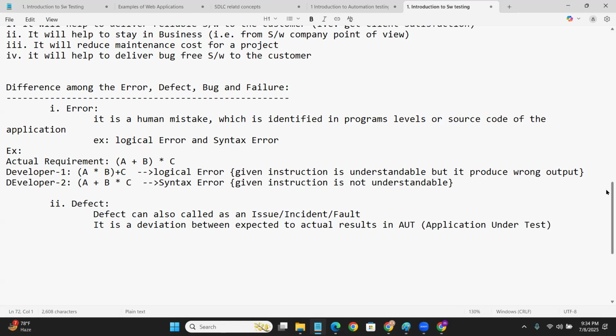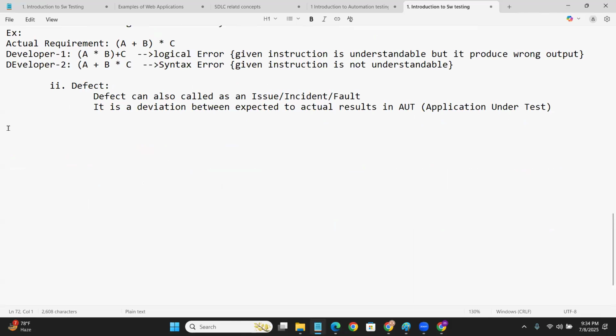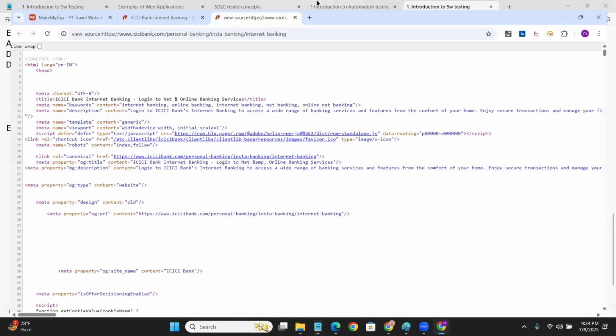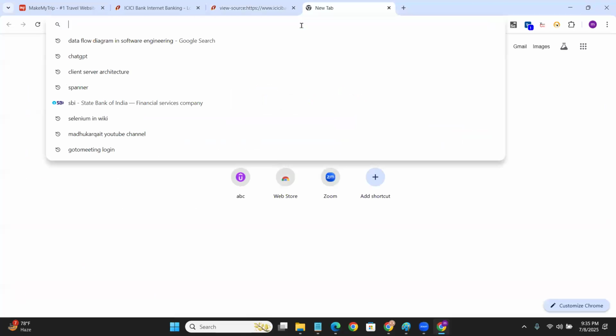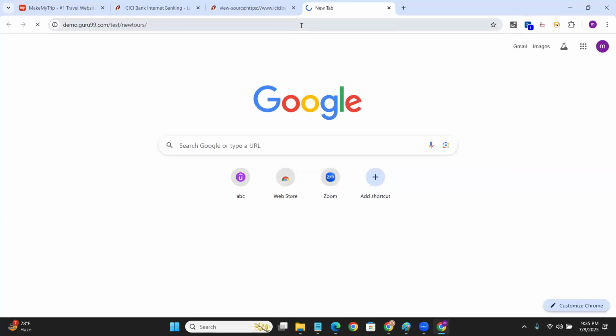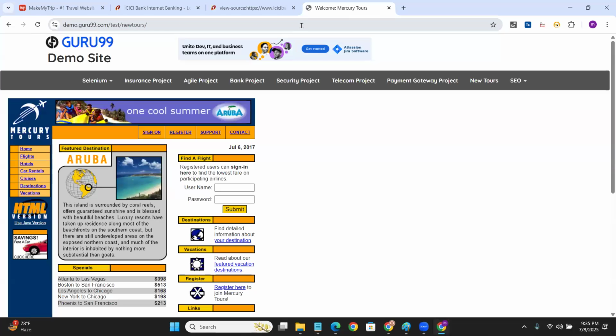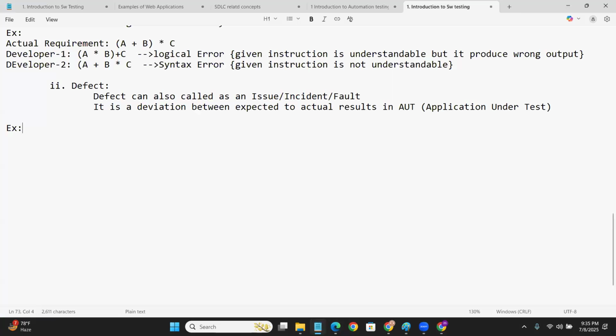Now, let me show an example. This is the application I'm taking as a reference. Here, I have one requirement or functionality which I want to test: login functionality. Understand my scenario here.